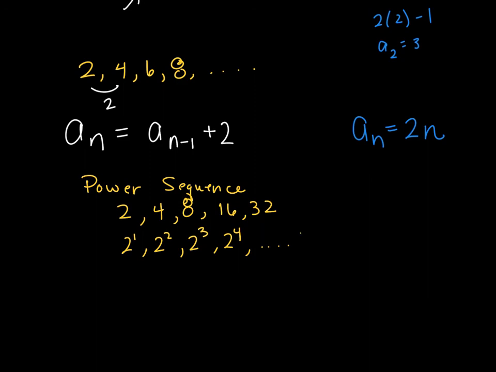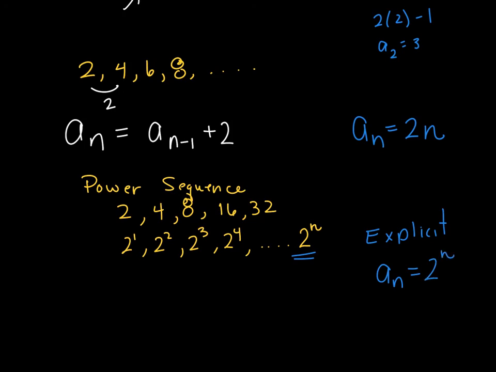Now, you can probably guess this is going to be 2 to the n power here, and that's correct. And that gives us the explicit formula, because you could find any term inside here knowing that a_n was just equal to 2 to the nth power.